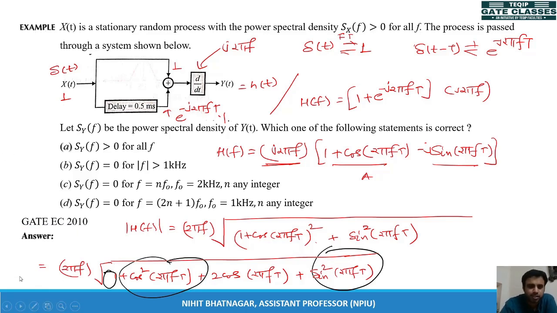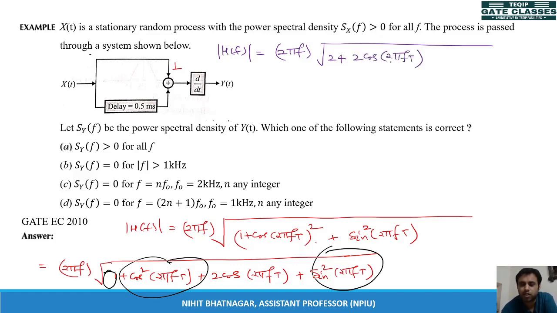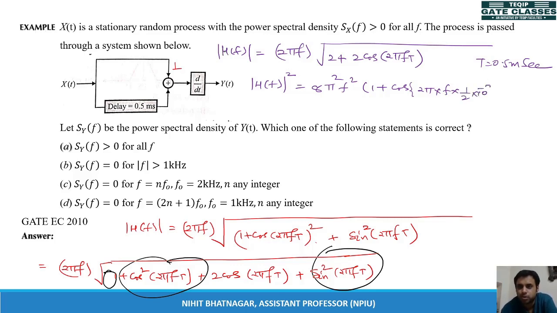So H(f) is equal to 2 pi f times root of 2 plus 2 cos(2 pi f T), where T is equal to 0.5 millisecond. Then H(f) whole square is equal to 8 pi square f square times (1 plus cos(2 pi f T)), where T is equal to 0.5 millisecond.